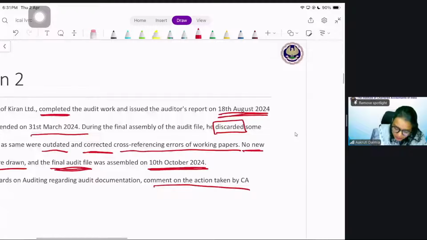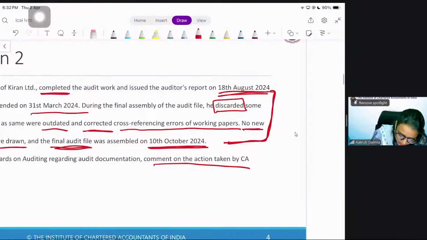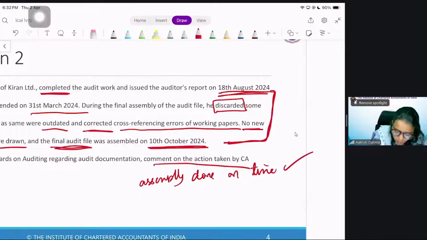First, tell me, the immediate thing is we should see if 60 days has crossed or not. Has 60 days crossed? So you should remember 60 days wala. 18th August was audit report and 10th October he created the final audit file. So was 60 days crossed? No. So assembly done on time. Okay. Assembly done on time.